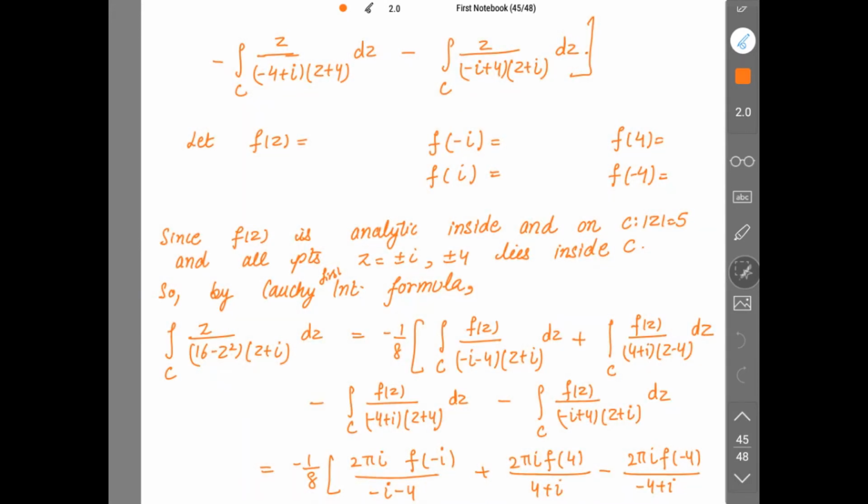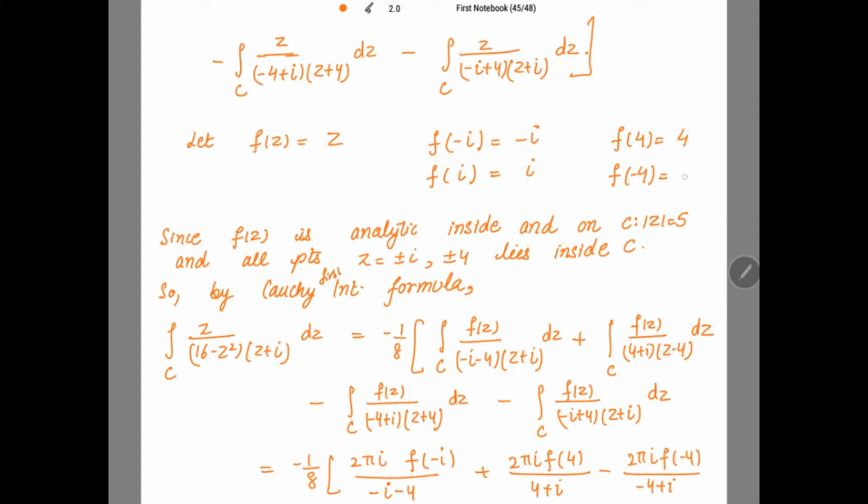And now what is my f(z)? Because in all of the integrals the points lie inside the circle, and this minus 4 plus iota, minus iota plus 4, these are nothing but constants, f(z) is only equal to z. Now what is f of minus iota? This is minus iota. F of iota is iota. F of 4 is 4.